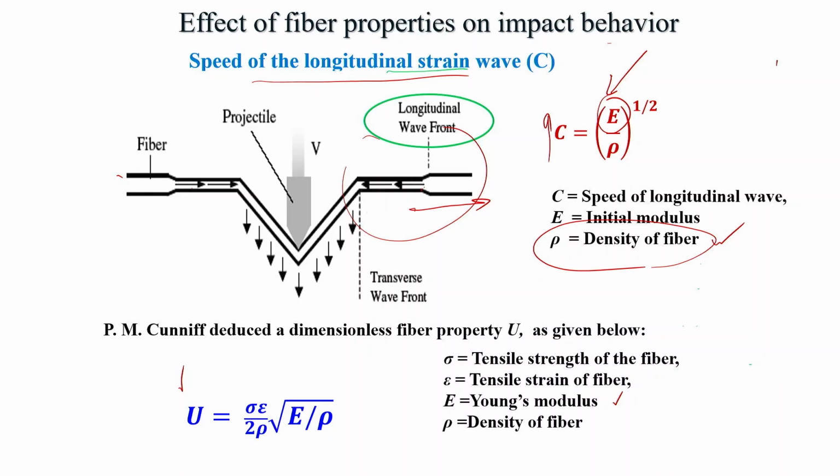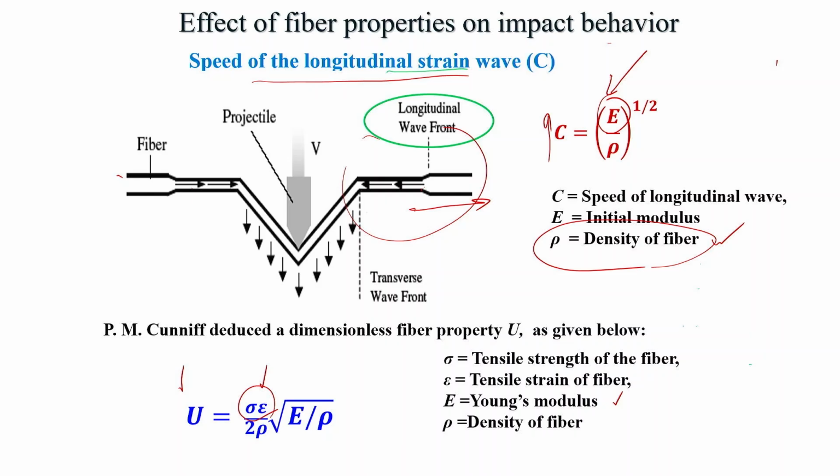Now, here you can see this actually denotes the energy absorbed, the energy required for breaking. It is not exactly energy, but if we have tensile strength and strain, these two, that means if we have higher tensile strength, then we will have a higher U value.